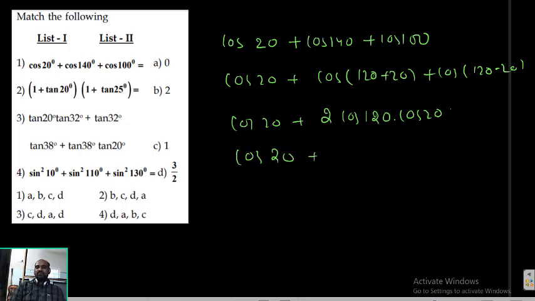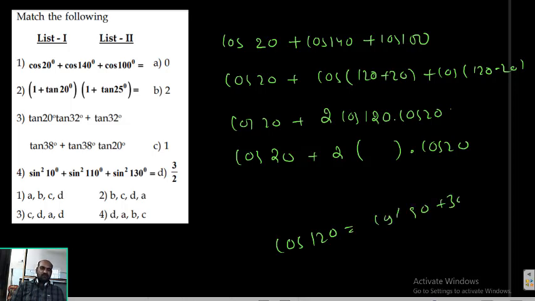Cos 20 plus 2 into cos 120 into cos 20. Cos 120 value I want, that is equal to cos of (90 plus 30), second quadrant, minus 1 into, 90 cos gives sin 30, that is equal to minus half. So here minus half.